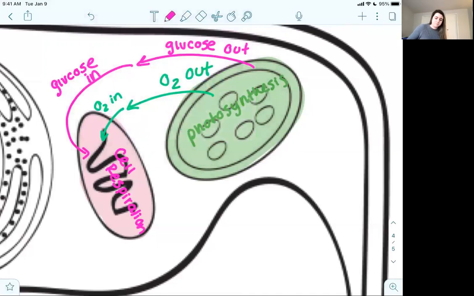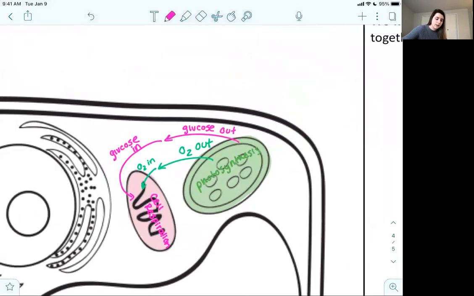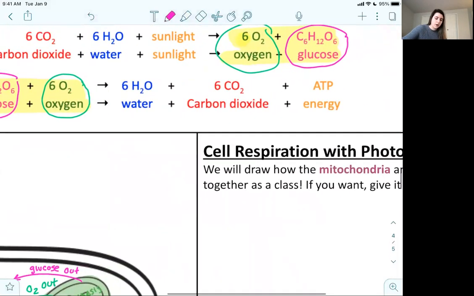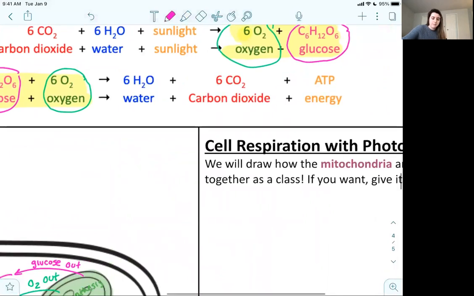So in plant cells, the photosynthesis happens first. The cell respiration then uses the outputs of photosynthesis to make cellular respiration run and to produce the water, the carbon dioxide, and the ATP.